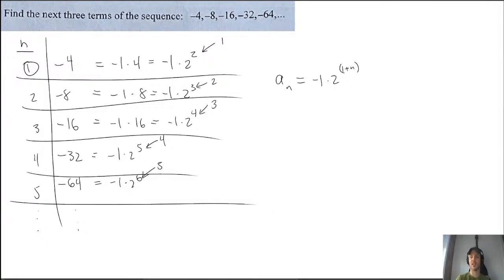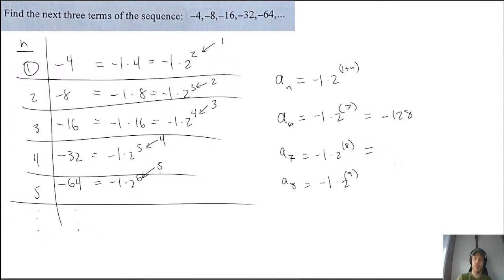So we need 6, 7, 8, so we'll need A6, A7, and A8. This is -1 times 2 to the 7, -1 times 2 to the 8, -1 times 2 to the 9. You'll get more comfortable with this as you do these, but it just keeps getting power. So this is -128. We could have gone directly: if we notice the pattern, we just keep doubling. This is 256.